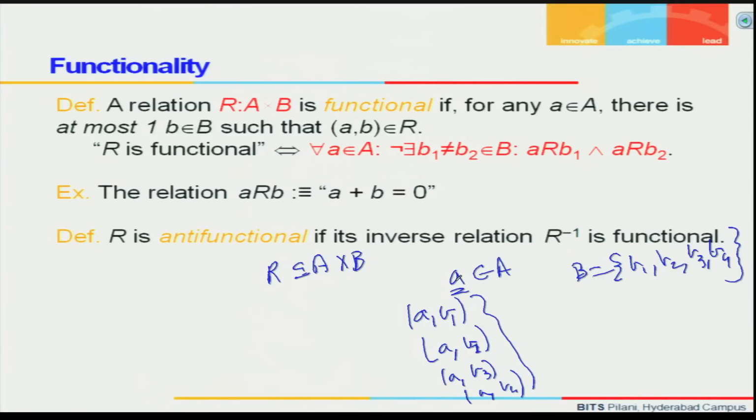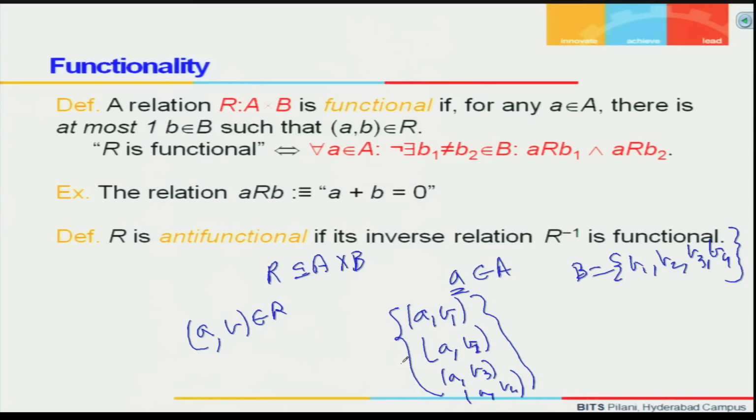And we are calling R functional when there is at most one B such that A comma B is in R. In this case, I will call R functional only when only one of these things is there in the relation, that is either A comma B1 or A comma B2 or A comma B3 or A comma B4.